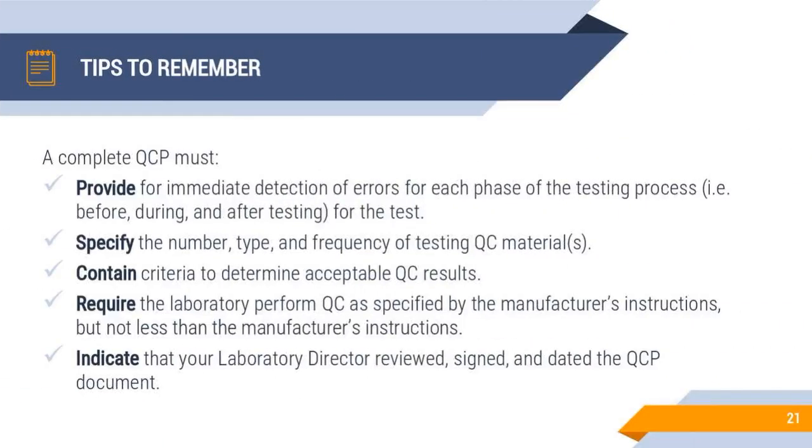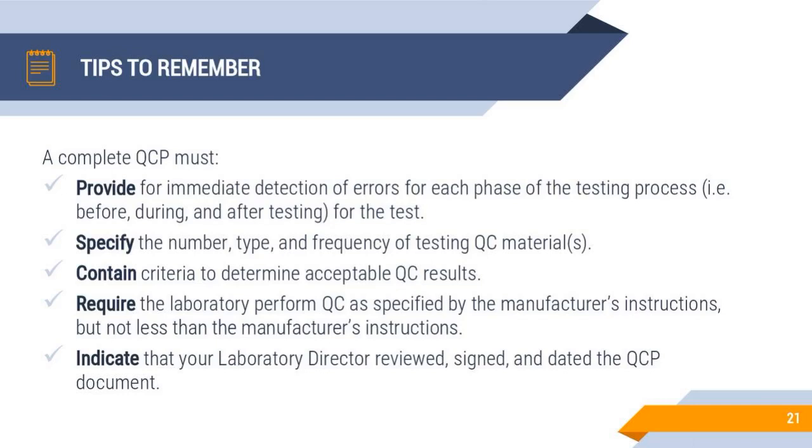Tips to remember: always remember in the IQCP that a complete QCP, if you have a well-written QCP, must provide for immediate detection of errors for each phase of the testing process. It has to specify the number, type, and frequency of the quality control testing and contain criteria to determine the acceptability, as I mentioned, and require the lab to perform QC as specified by the manufacturer's instructions, but not less than the manufacturer's instructions.